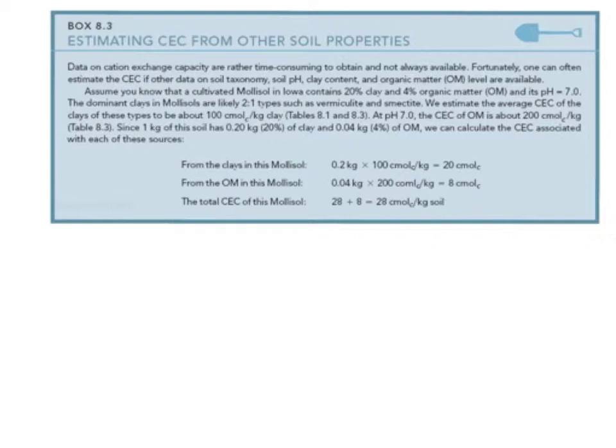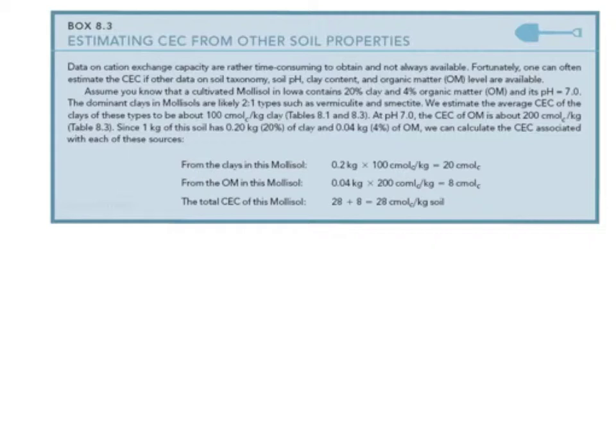Since 1 kilogram of the soil has 0.2 kilograms of clay, so 20% of a kilogram is clay, and 0.04 kilograms, that's 4% of 1 kilogram, is organic matter, we can use both those things.